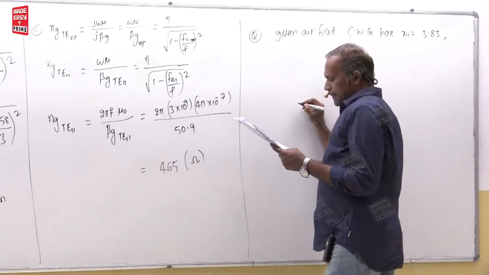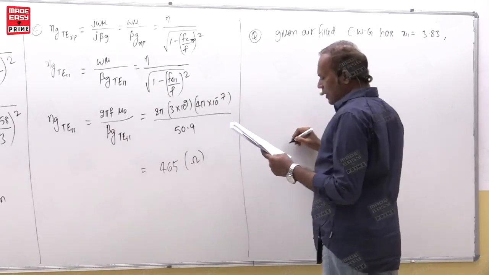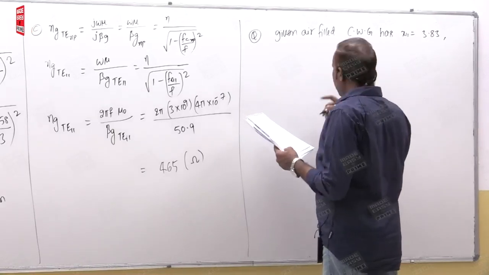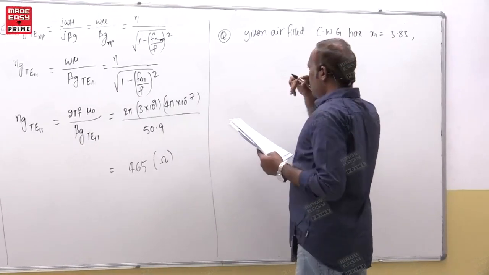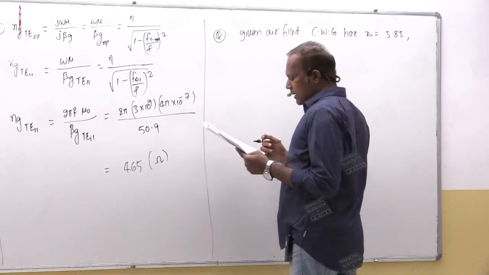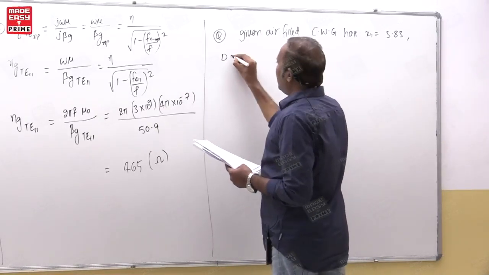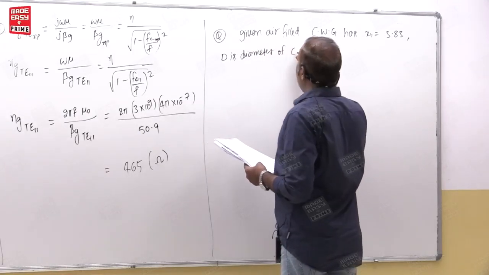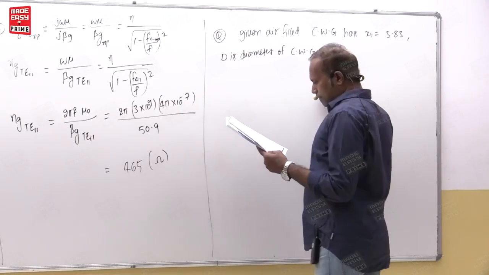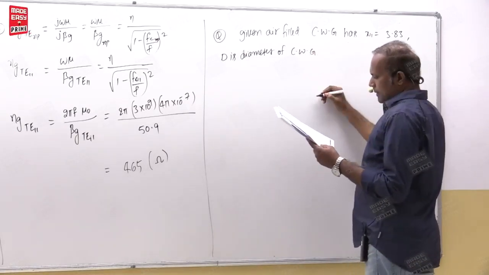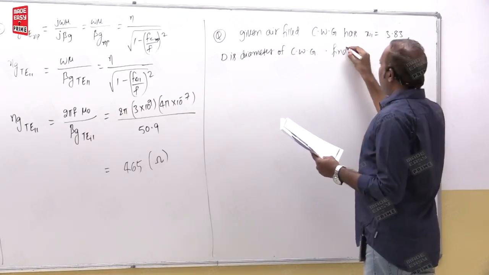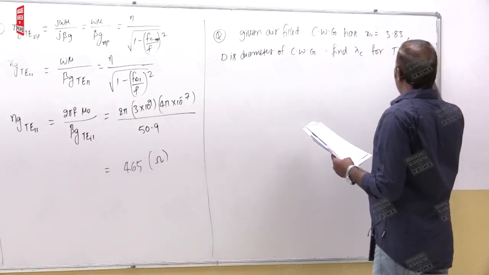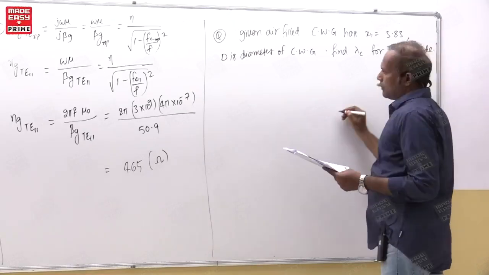Do you know what x11 means? That is for TM11 mode, right? Because if a dash is there, that is TE mode; if a dash is not there, that is TM mode. Capital D is the diameter of the circular waveguide. Find lambda c for TM11 mode. That is the question.